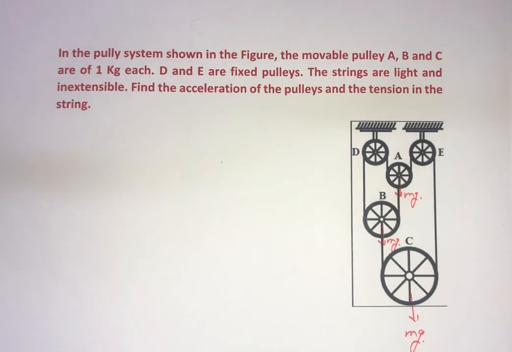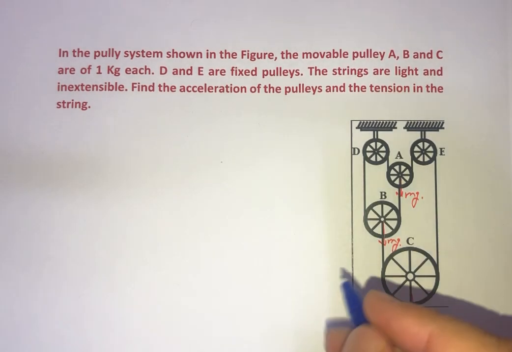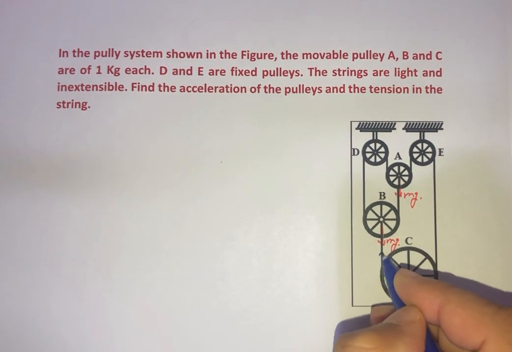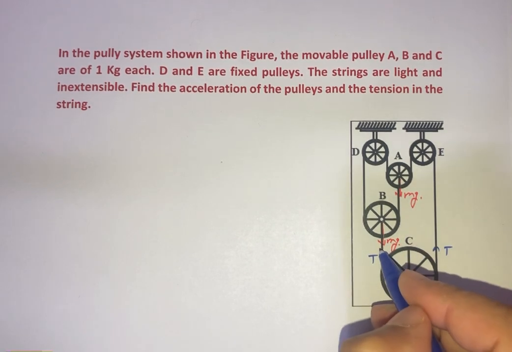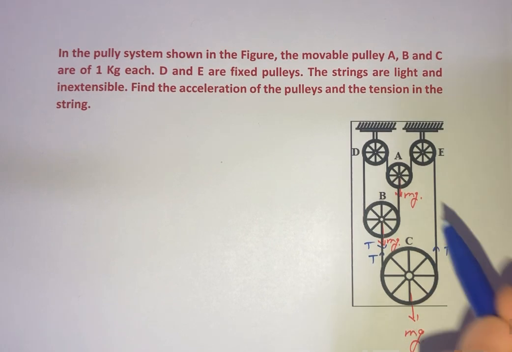Now we come to the tensions. We can define that pulley C is going to have tension T in the upward direction this way, and it will be in the downward direction from here.